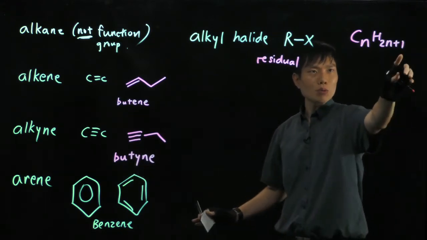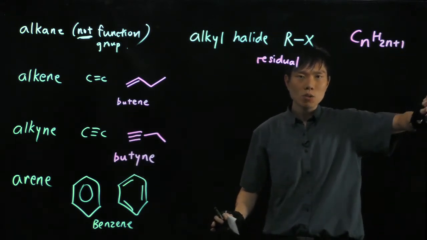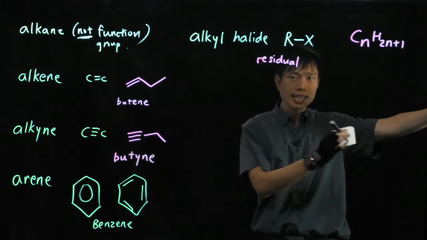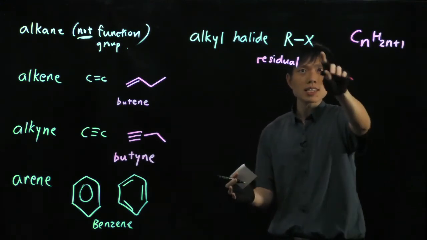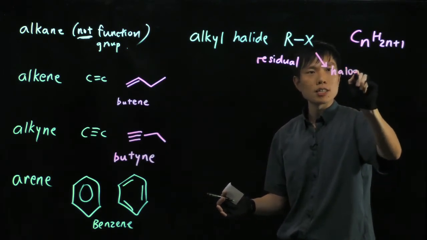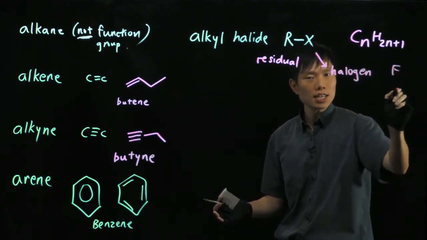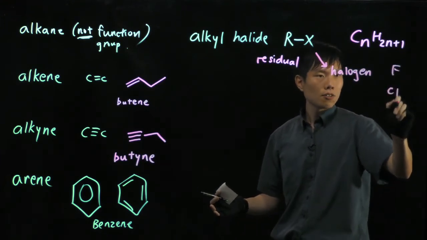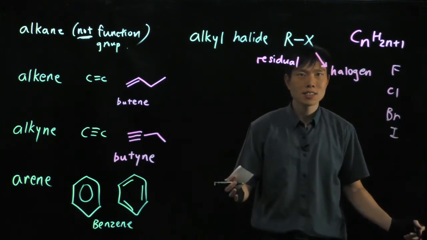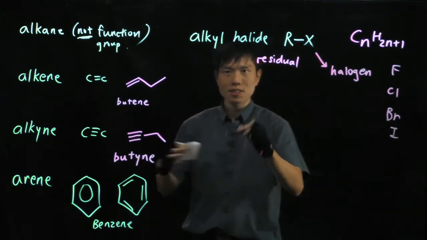So now what I'm doing here is I'm cutting off a CH bond, making it a loose arm, and connecting it to something else. In this case, X, meaning a halogen, such as a fluorine, chlorine, bromine, or iodine. For instance, take a look at this.